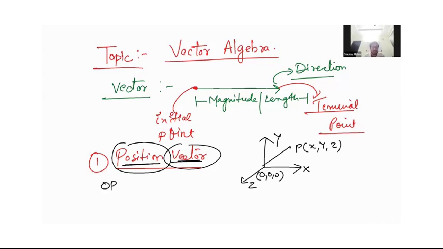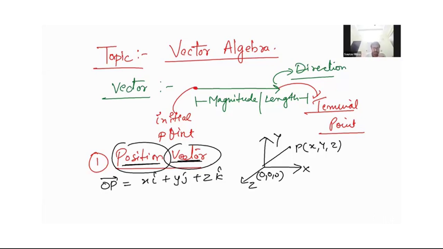So the vector OP will be x i cap plus y j cap plus z k cap. What are i cap, j cap and k cap?